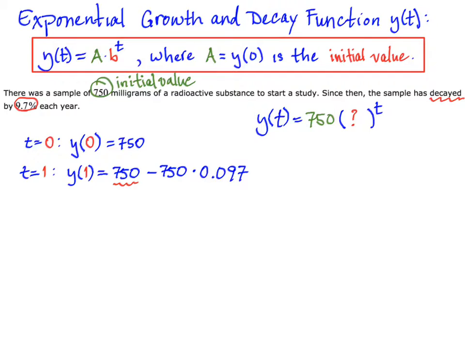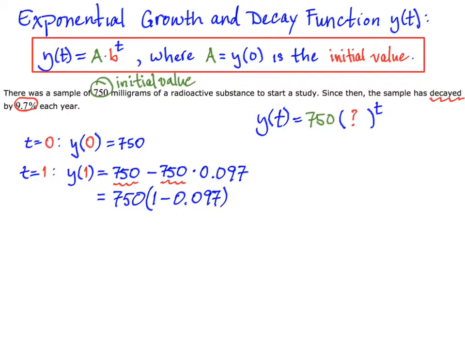So what I'm going to do is, I notice I have 2 terms, and they each have a 750 in them. So I'm going to factor that out of each of those terms. It's the GCF, right? So I'm going to factor out a 750, and then what am I left with? In the first term, if I factor out a 750 from 750, I'm left with 1.